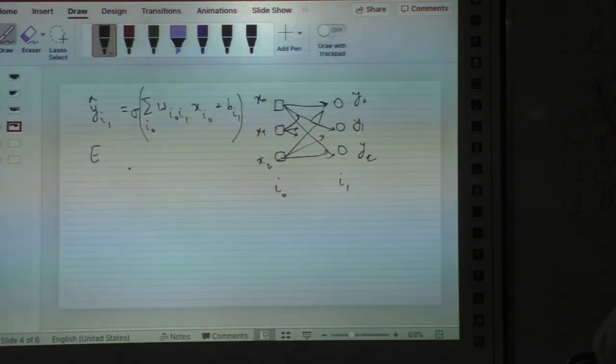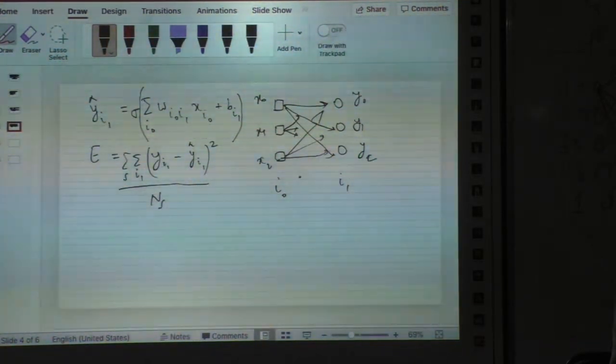So I can say my error is y I1, the actual value, minus the estimated value, squared, summation over all I1, and then summation over all the samples divided by the number of samples. Correct? I can take my error function as this, right?